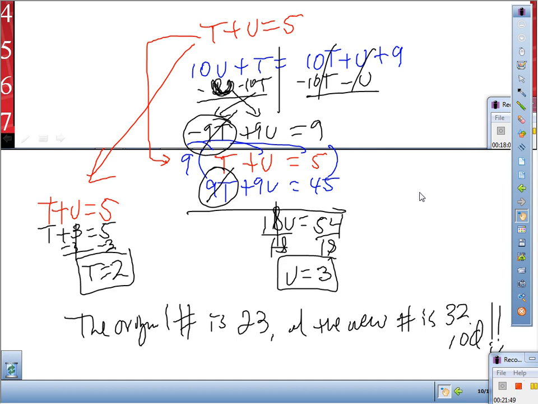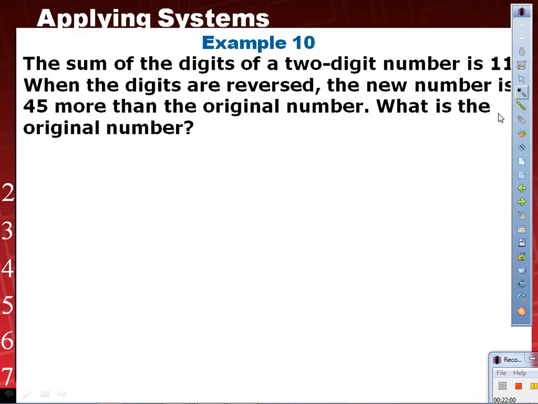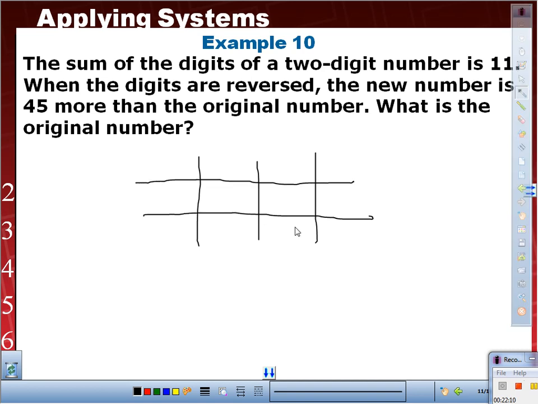Okay, let's do one more. We're not going to copy the problem, but let's do the setup. Here we go. Number 10. Write example 10 and then draw the table. 1, 2, 3. 1, 2. Label these. This is what? 10, units, total.